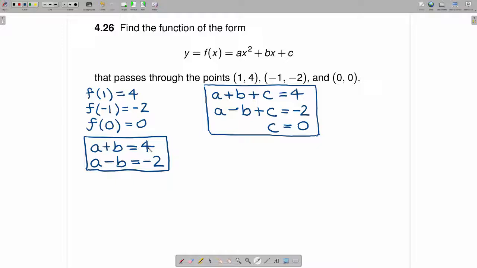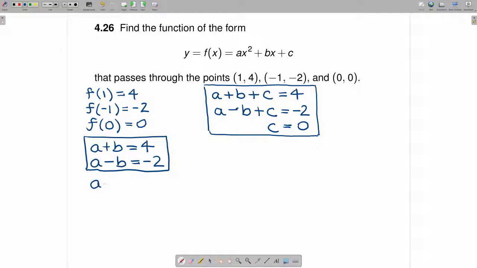Well, the next step here is to solve this 2 by 2 system of equations. One thing you can do, this is called substitution, is we can solve this bottom equation for a, and then everywhere there's an a in the top equation, we can plug that in. There's a lot of different ways to solve it, but this is one way.